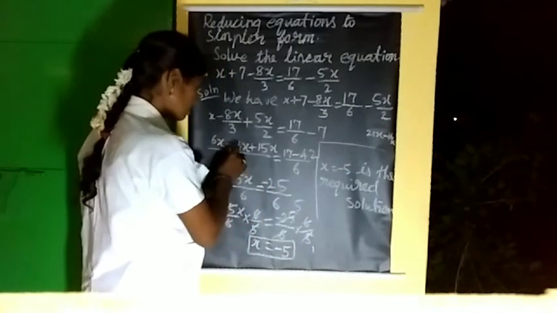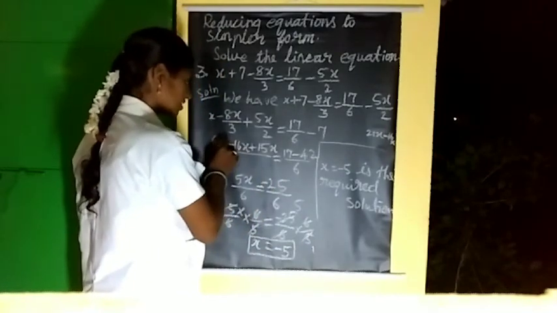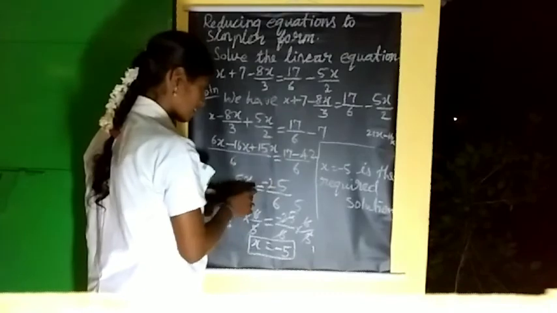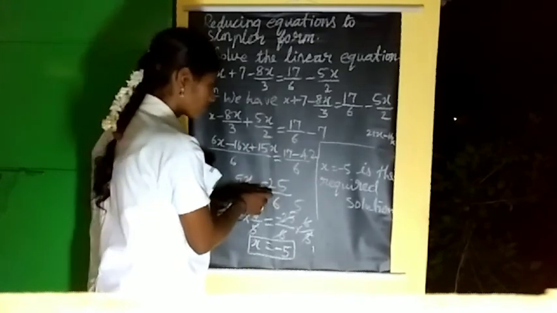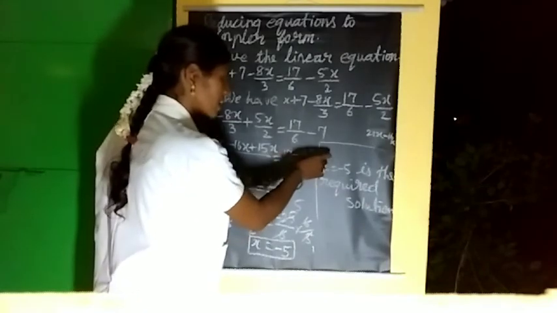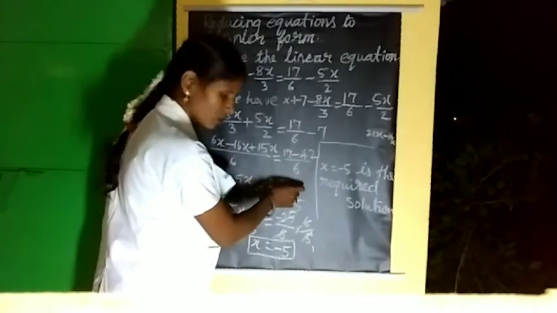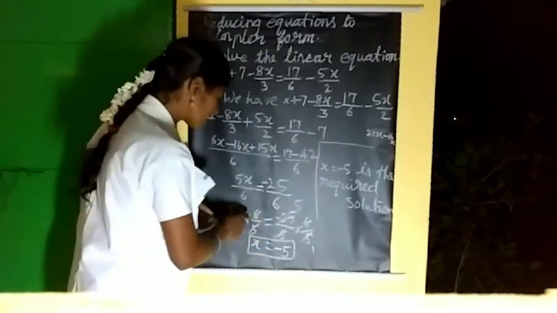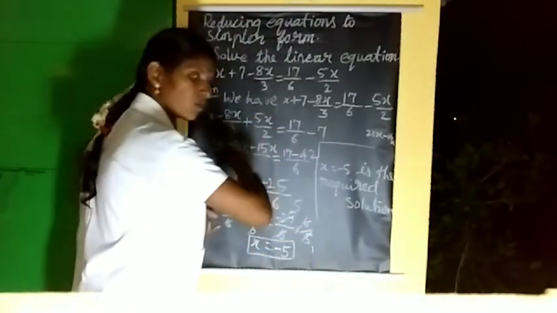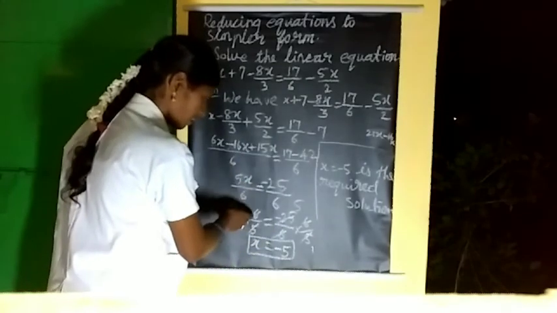Now simplify this. 6x minus 16x plus 15x. The answer is 5x. The denominator will be the same number 6, is equal to 17 minus 42 is minus 25, with the same 6 in the denominator. Then multiply both sides by 6 by 5.